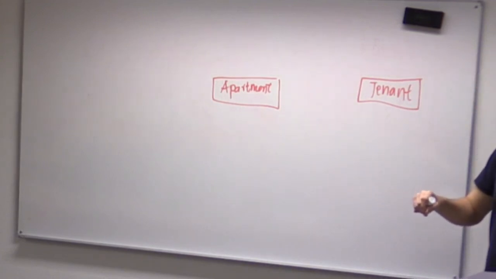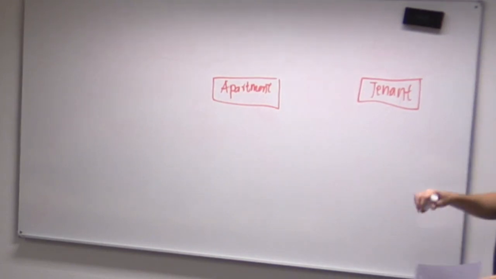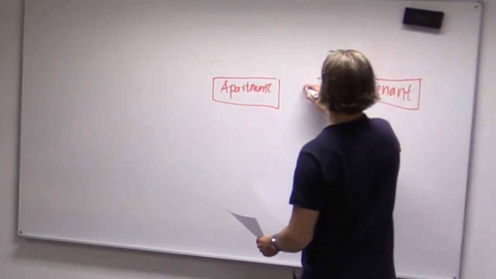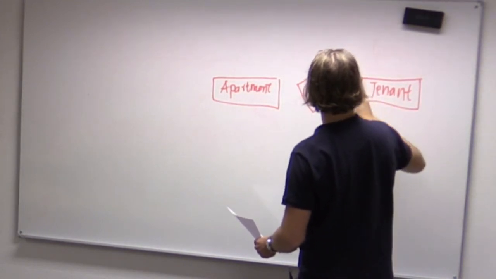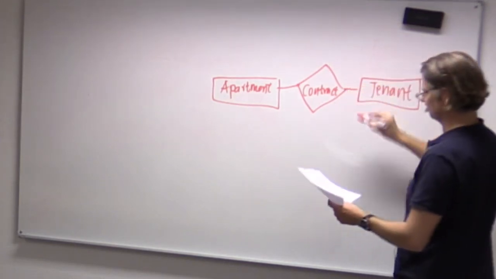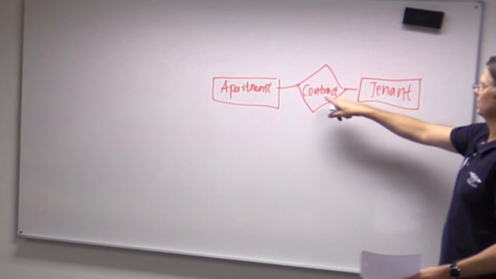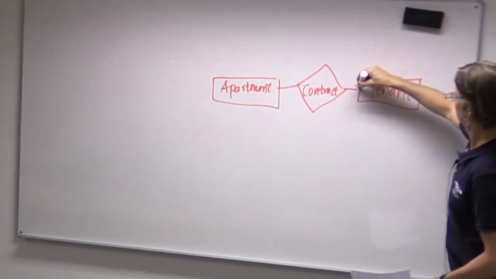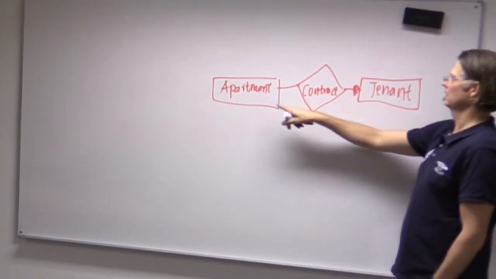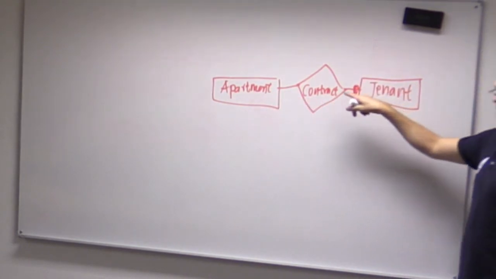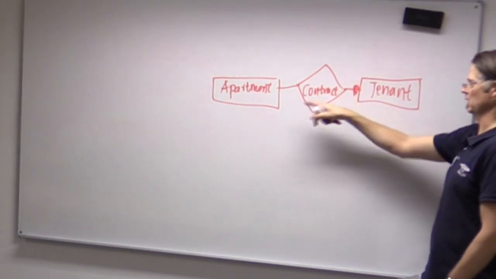I have no idea. We decided that, okay, a tenant might actually rent several apartments. So they have a contract. And an apartment can only be rented by one tenant, 0 or 1. And what we put as a relationship is the contract. The contract itself is the relationship between the apartment and the tenant.